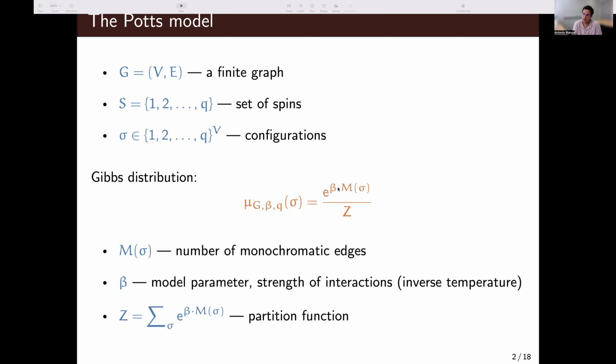So for a configuration sigma, we count the number of edges whose endpoints have the same spin, the same color, and we scale that by a model parameter beta, and that gives us essentially the weight of the configuration. Now there is a normalizing constant Z that is usually called the partition function.